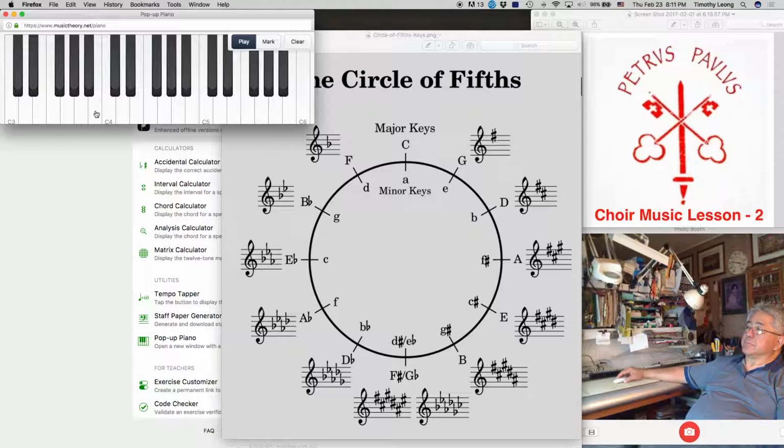Okay? C, B, A. A minor. So no sharps and no flats in minor key is this. A minor. That's natural minor, okay?